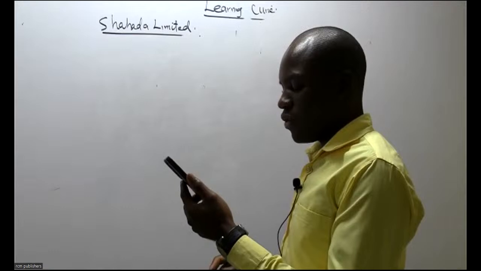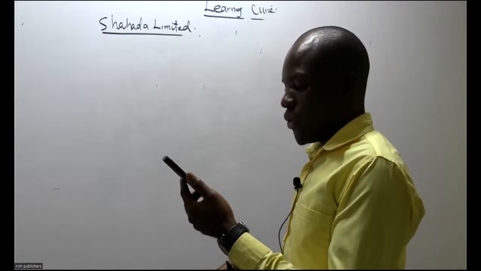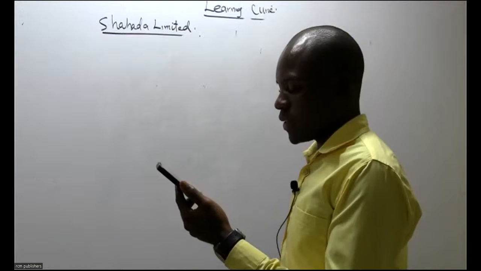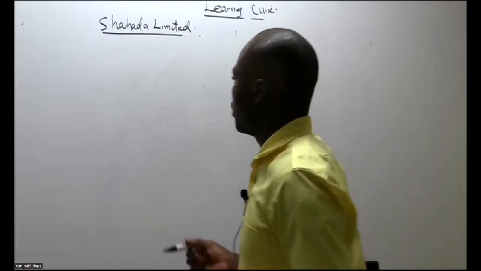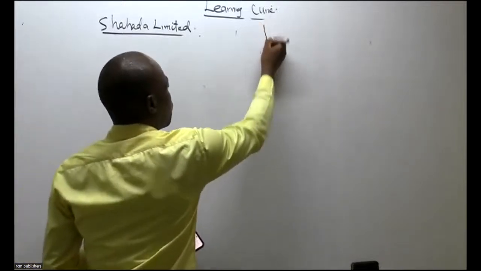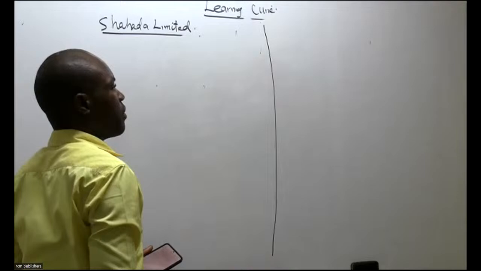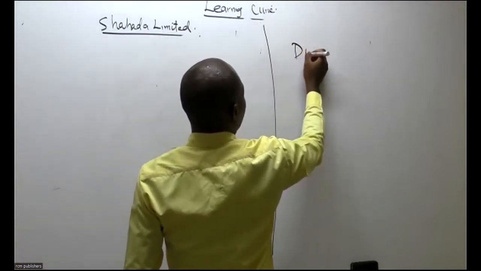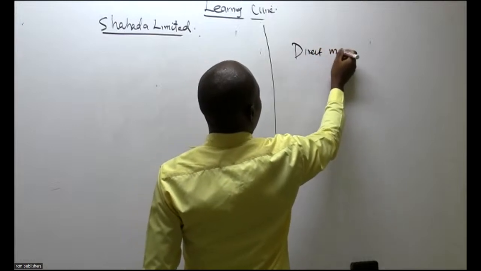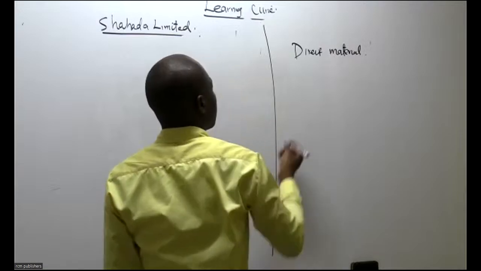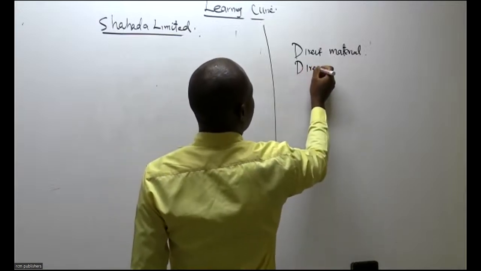Part B of the question, we are being told the unit production cost of product X during the previous production period. Very interesting. Remember what you did in management accounting. For us to get the product cost, we need direct material, and there they are talking about the cost per unit. Direct material, we need direct labor.